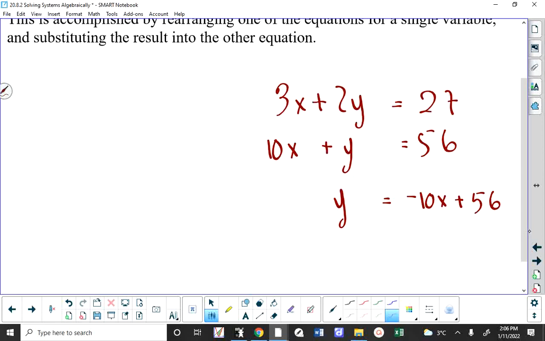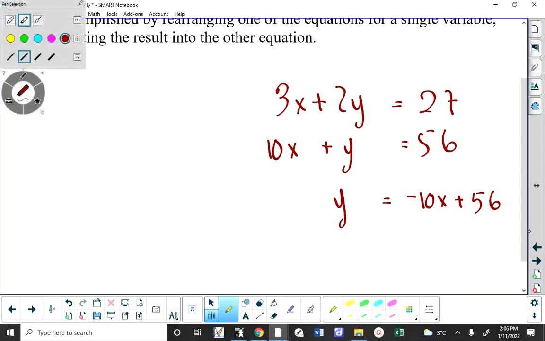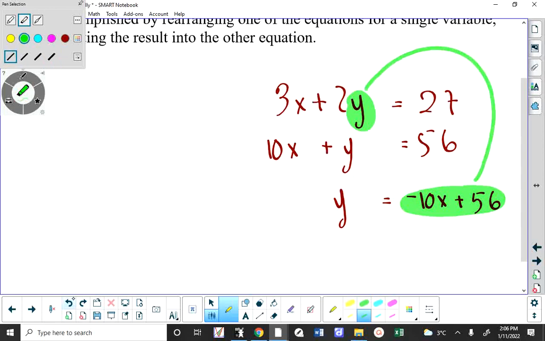So what we can do is put this in there, because y is negative 10x plus 56.